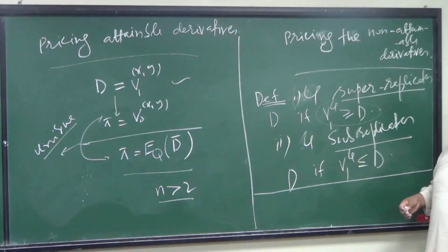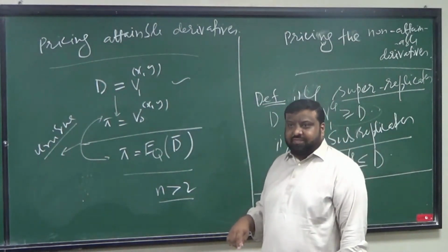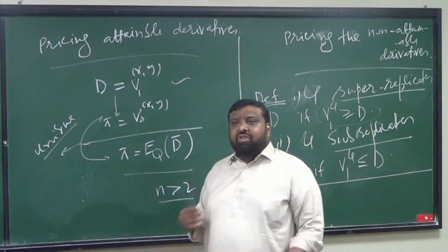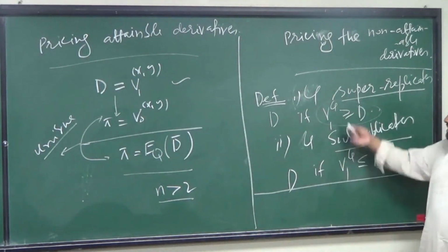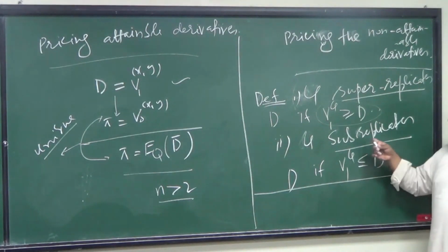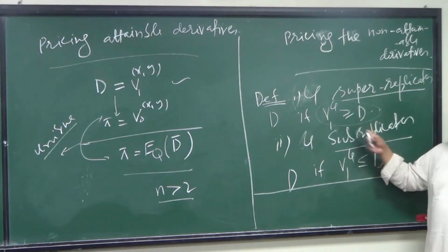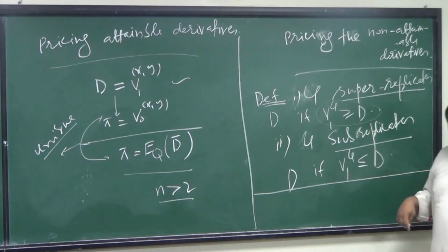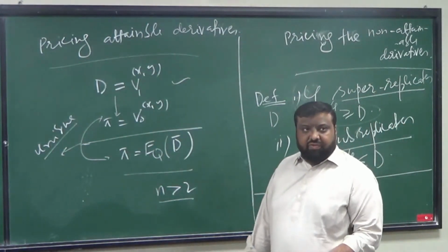And I know that this price is not attainable, so I can't find such a strategy. Then what option do I have? One option is to create this super replicating portfolio. You take the premium from selling the derivative and invest it into the creation of the super replicating portfolio.